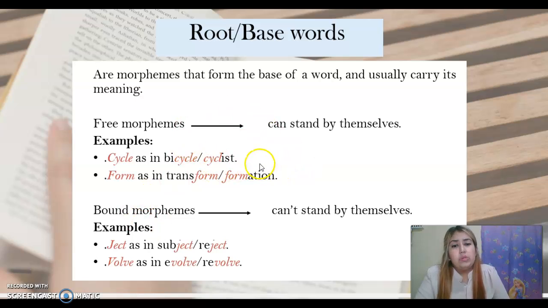But free morphemes, remember, can stand by themselves, and bound morphemes cannot stand by themselves. That's the difference, and that's the key to understand. We have the word cycle as in bicycle, form as in transform or formation, ject as in inject or subject, volve as in evolve or revolve, okay?